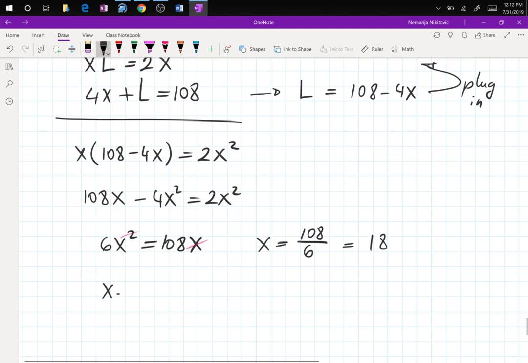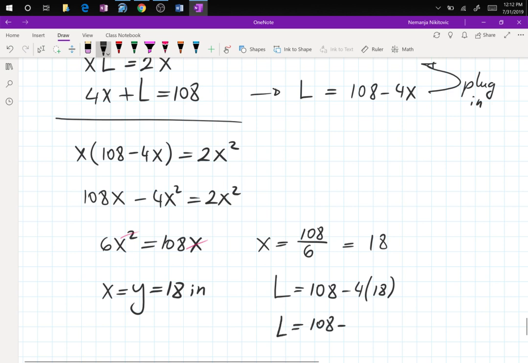Now, we know that x equals y equals 18. I believe these are done in inches. Yes, inches. And now to calculate L, we have 108 minus 4 times 18. L is equal to 108 minus, this is 40 plus 32, 72. So 36.